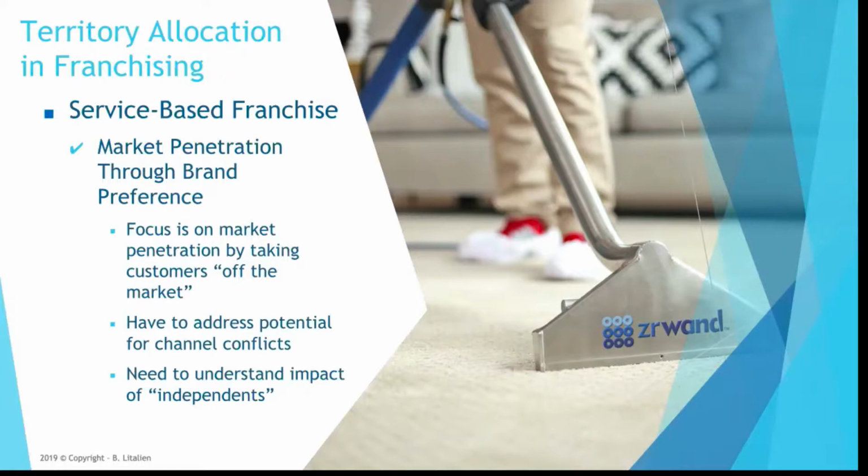So something to keep in mind is when you're looking at service-based territory allocation, you need to decipher how am I going to deal with commercial customers and residential customers. Oftentimes, it will require two different strategies.